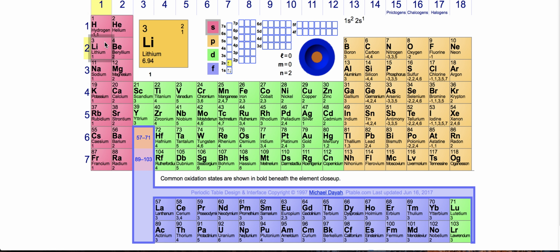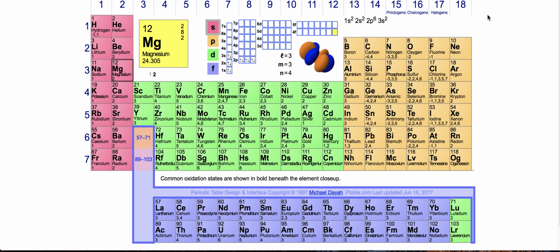Lithium is 2s1, so the last electron went into the second energy level s orbital. And there's magnesium, and the last electron went into the 3s orbital, and there are 2 electrons in that 3s orbital.